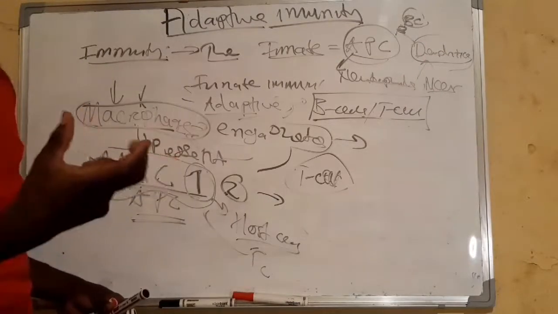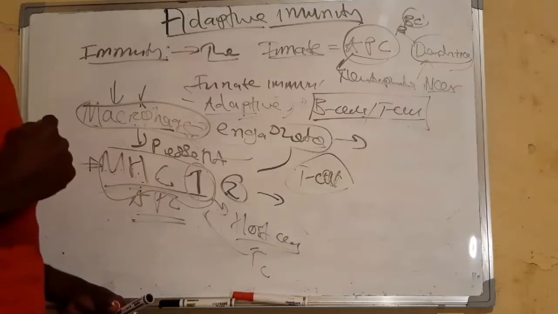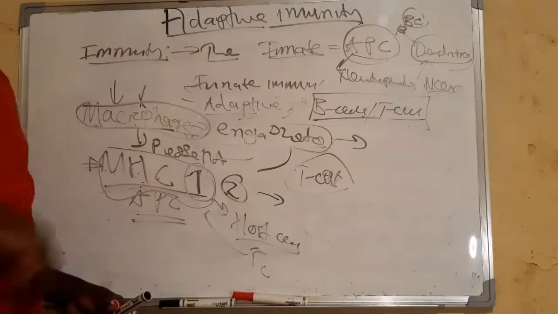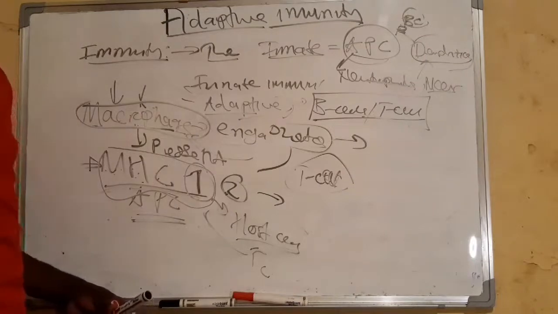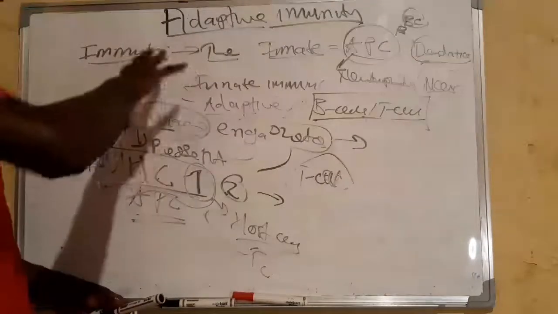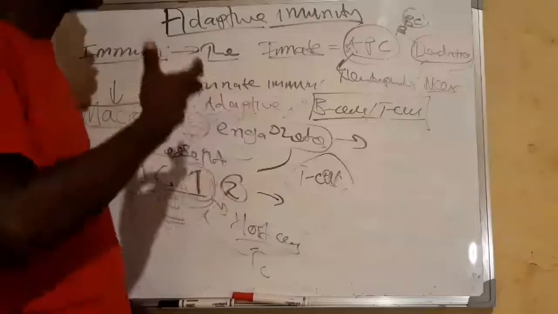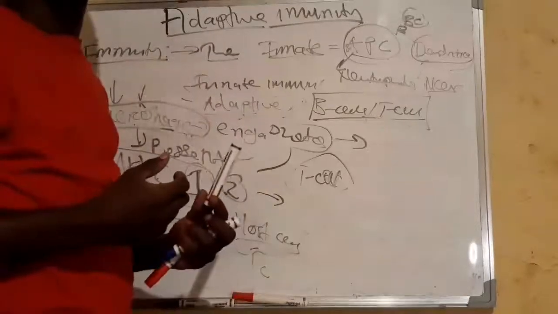They bind together. After binding, the T cytotoxic cell starts to produce granules that kill that infected cell. So this is adaptive.